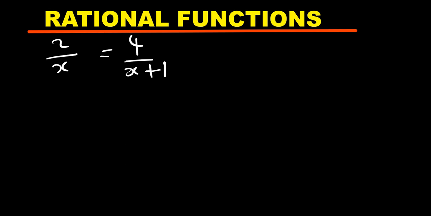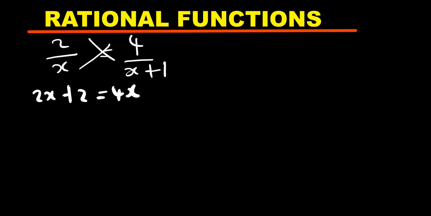This doesn't really require a lot. You're just going to cross multiply, and you solve and find the value of x. So in this case, when I multiply 2 with what is down, I'm going to have 2x plus 2. Then when I multiply x and 4, I'm going to have 4x.